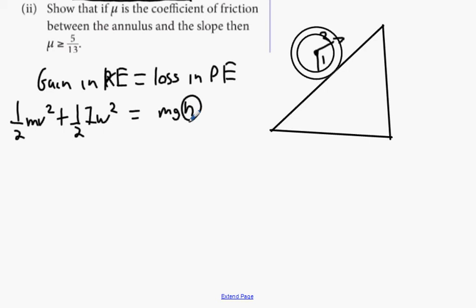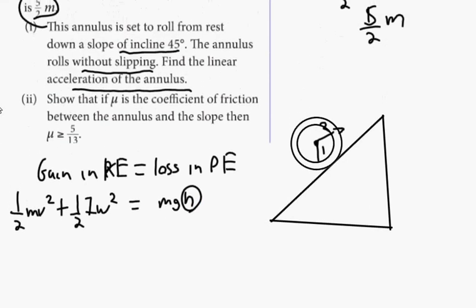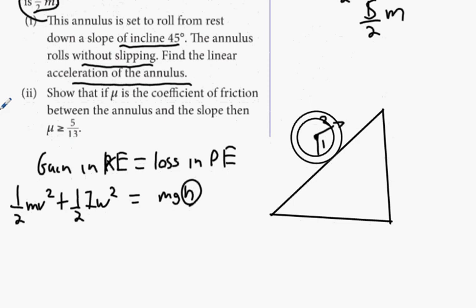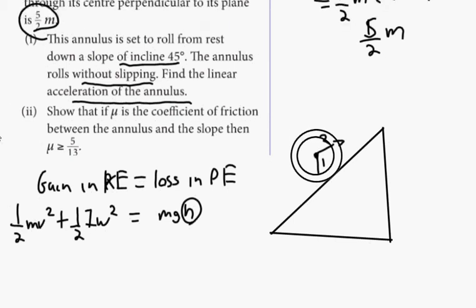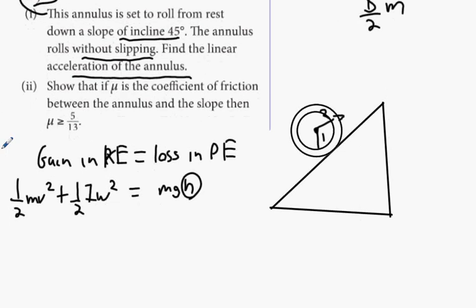Okay, how far does it say it goes down? Annulus rolls without slipping. Find the linear acceleration of the annulus. It doesn't tell me how far it goes, so I'm going to need like a placeholder, like a variable. Just going to name it a letter. So I'm going to call it s.